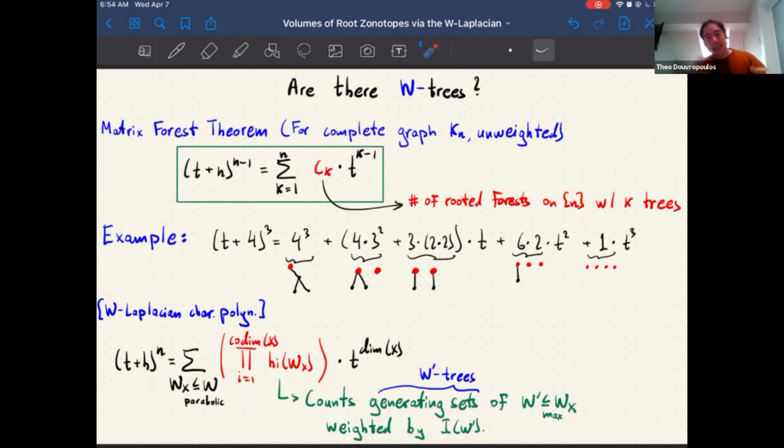So it is a natural analog of a tree. It's a generating set for the group, but it doesn't come on its own. It comes with a weighting. If you want to calculate the volume, you don't want the weighting, or you want a different one, but the expression that has a nice formula has the connection index. So this is a good justification in my mind of why the n to the n minus 2 formula did not generalize, and what happened there.